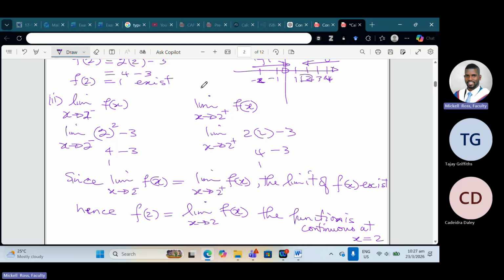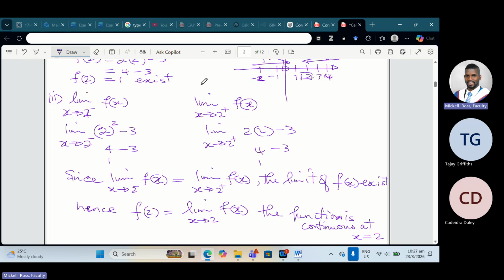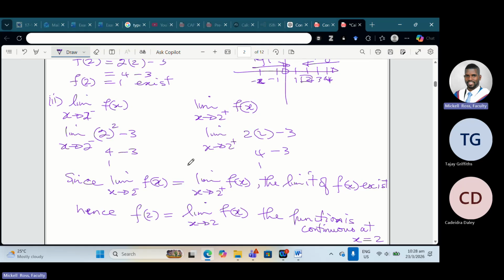We're going to represent this on the graph to see what it looks like, so you can see how such a function would look on your graph paper. And then when we get one that is discontinuous, we're going to show it on the graph as well to see how that would look on the graph paper.